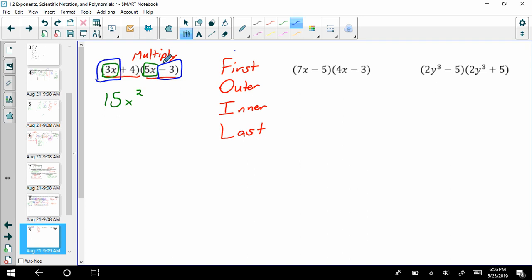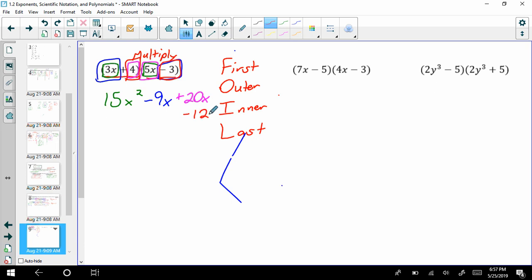So 3x times a negative 3 would be negative 9x. I is the inner, so the inside two terms, 4 times 5x would be 20x. And then L is last, the last terms of each. So the 4 times the negative 3, negative 12.